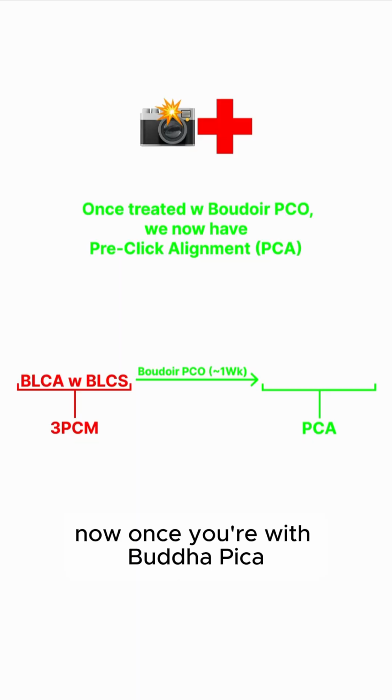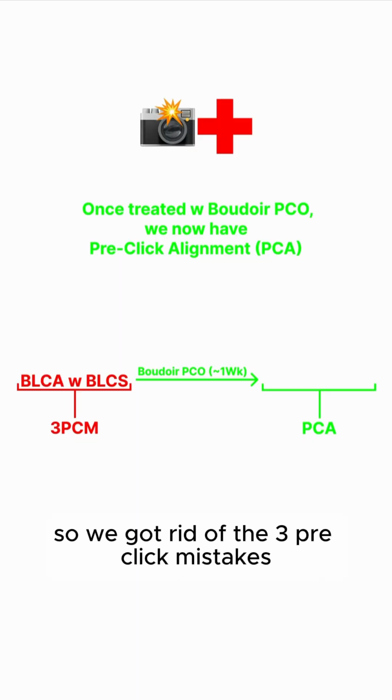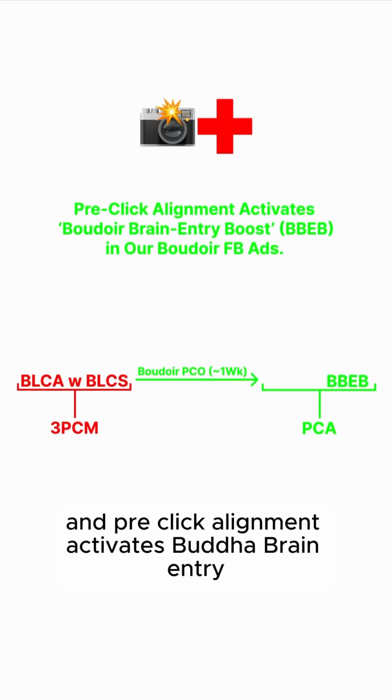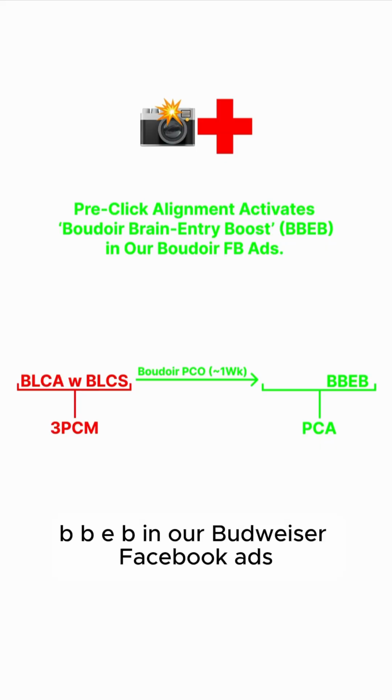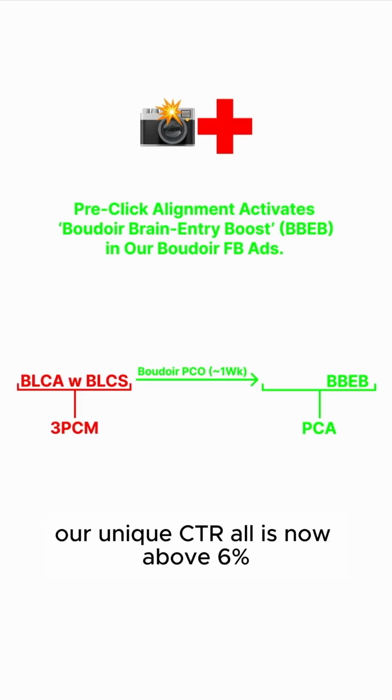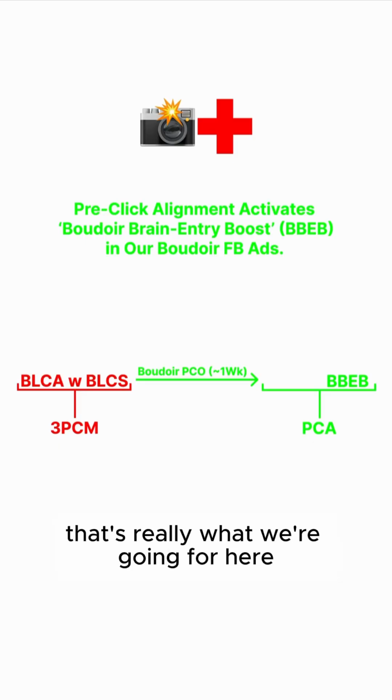Now, once treated with Boudoir Pico, we have pre-click alignment, so we got rid of the 3 pre-click mistakes. And pre-click alignment activates Boudoir Brain Entry Boost, BBEB, in our Boudoir Facebook ads. Basically, our unique CTR is now above 6%. That's really what we're going for here.